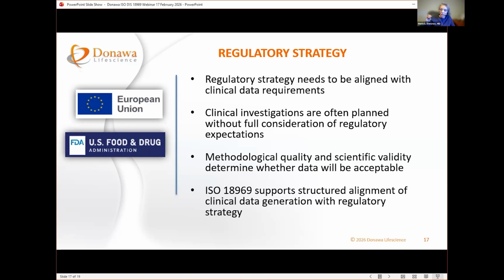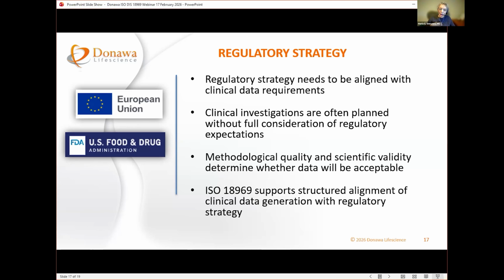The lists are of activities and considerations that go into deciding the methodological quality and whether your data are valid. They determine whether the data are going to be acceptable from a regulatory point of view, and very often this is not looked at as an activity.